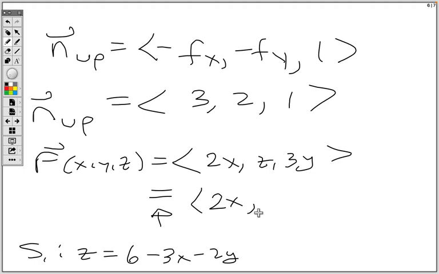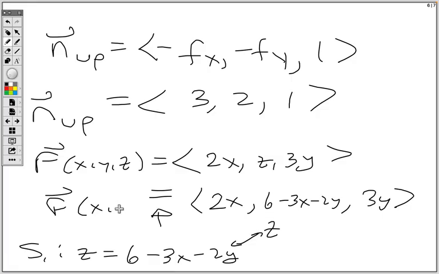So I would have 2x, and then the z would be 6 minus 3x minus 2y, and then the 3y. So this gives me the field as a function of x and y. So I've got my normal vector, I've got my field.